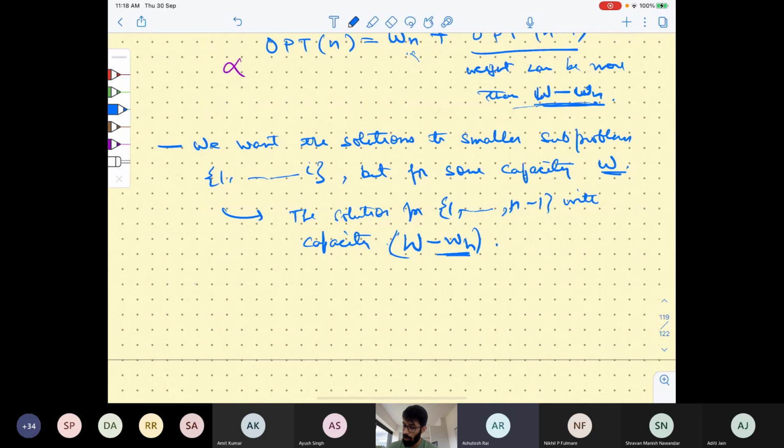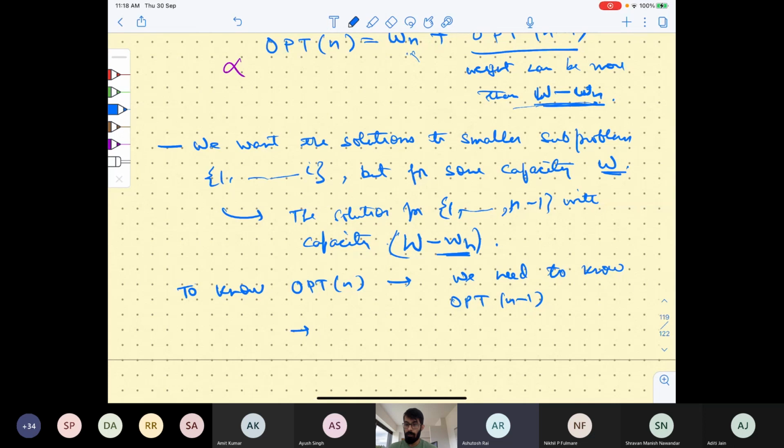So to know OPT(n), we need to know OPT(n-1), and we also need to know OPT(n-1) for capacity, or weight, W minus w_n.